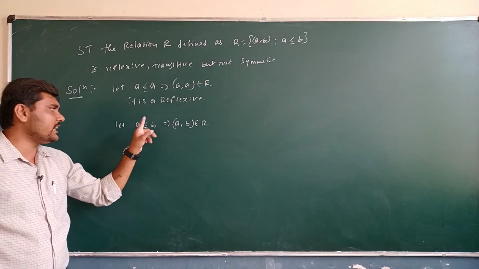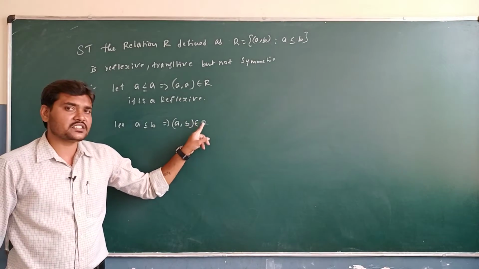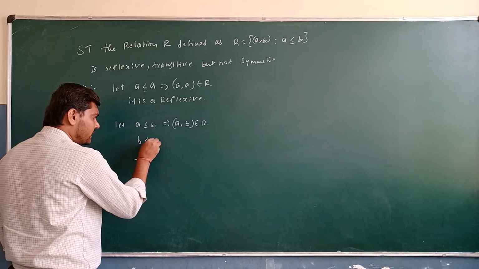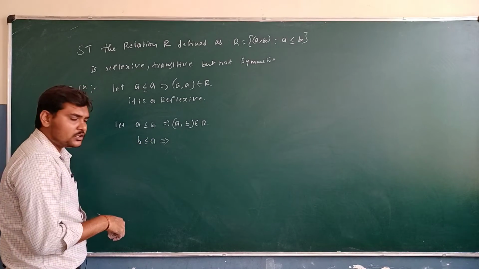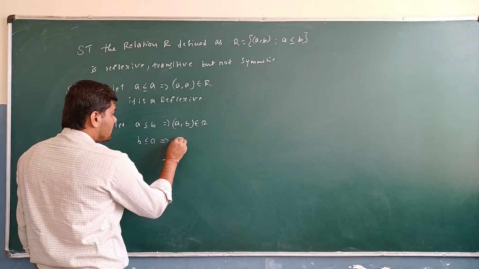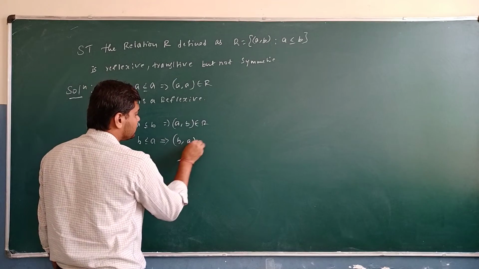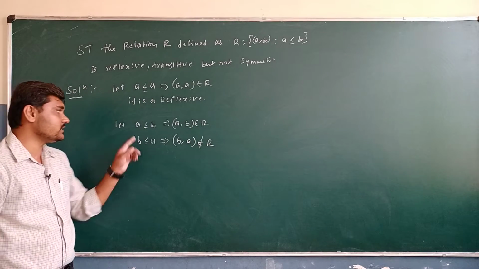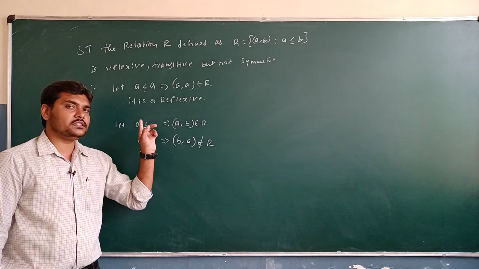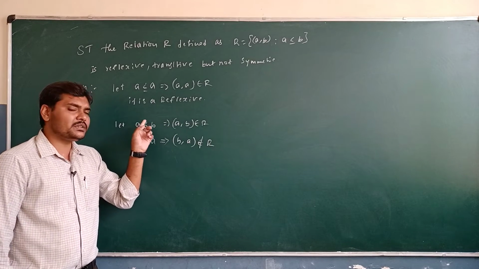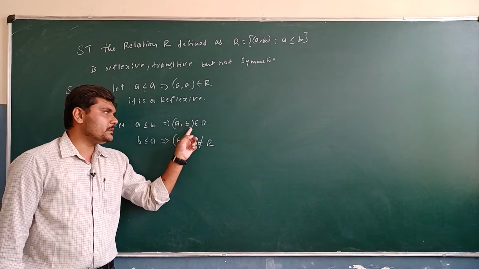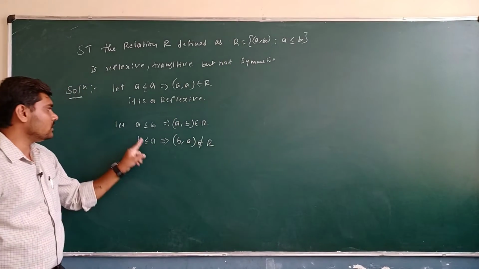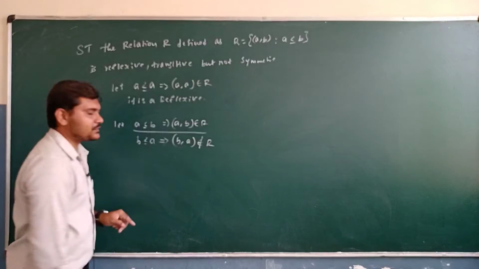So (a, b) also belongs to the relation R. Suppose I am taking b less than or equal to a, then (b, a) is not a member of the relation R, because (a, b) is a member of R when a is less than or equal to b, according to the given relation.